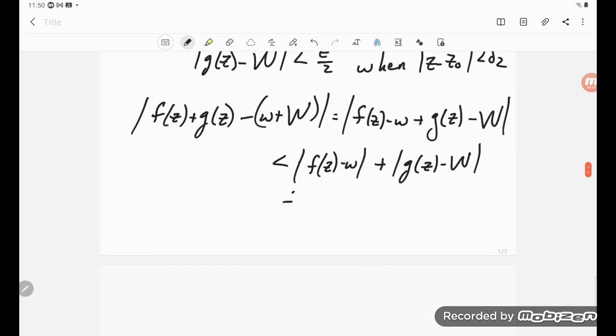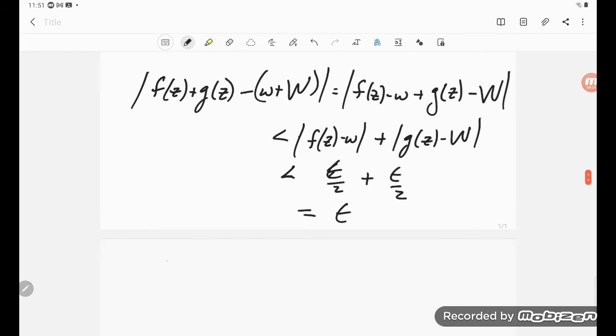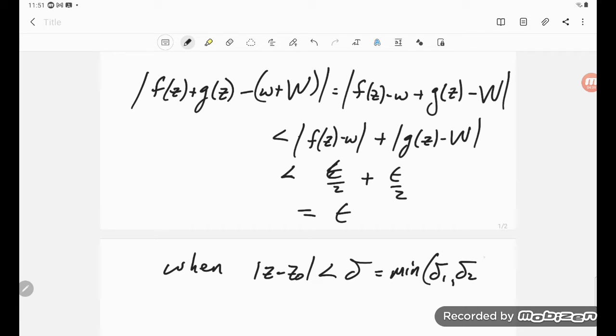But then that is less than epsilon over 2 plus epsilon over 2, which equals epsilon, when the absolute value of z minus z0 is less than delta equal the minimum of delta 1 and delta 2.